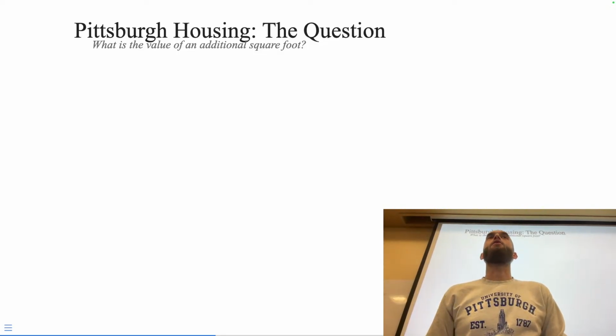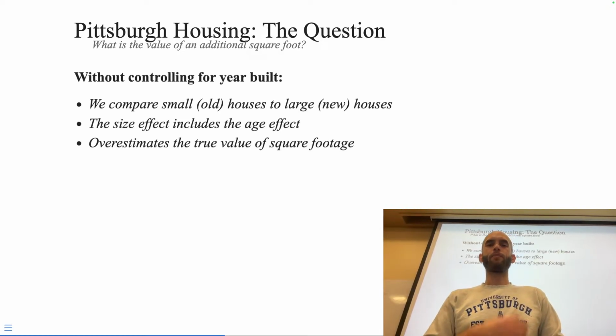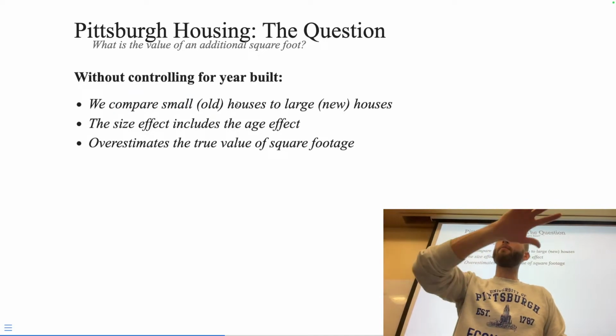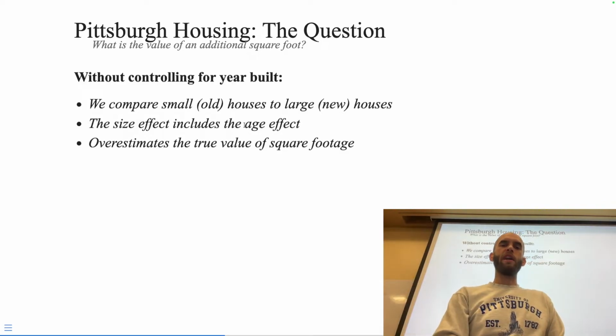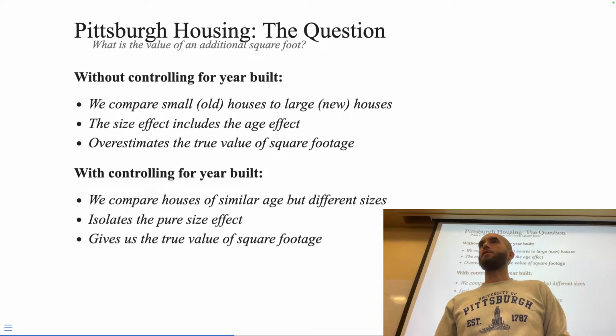We know that newer houses are worth more simply because they're newer, or we would expect they are. So what we've done without controlling is comparing small houses that are old to some new houses that are larger. So it includes any potential age effect, which in our case we'd expect to overestimate the value of square footage.